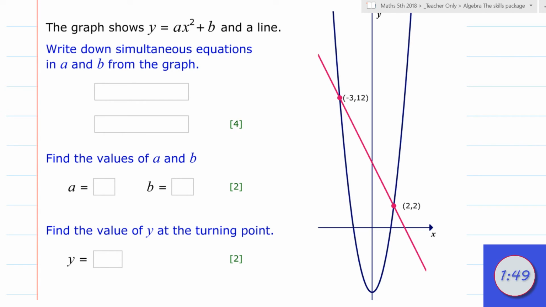And if you don't get it out, leave it for a week and have another go and see if you can do it in a week's time. Okay, see if you can remember how we did it.